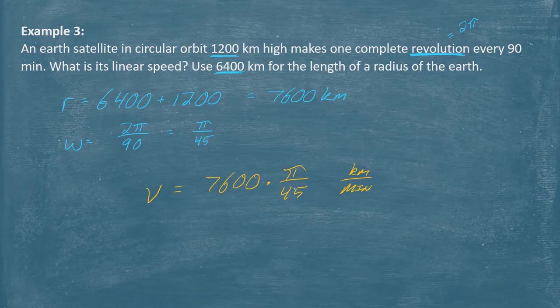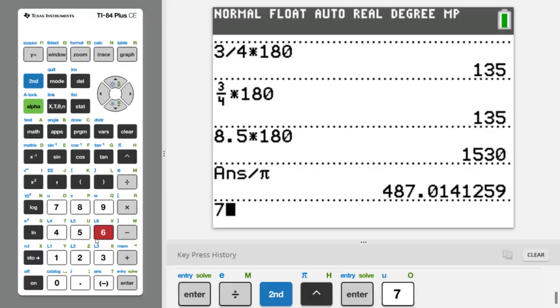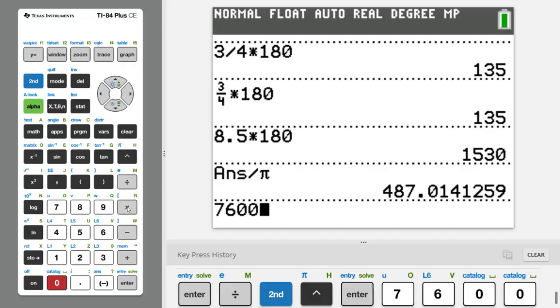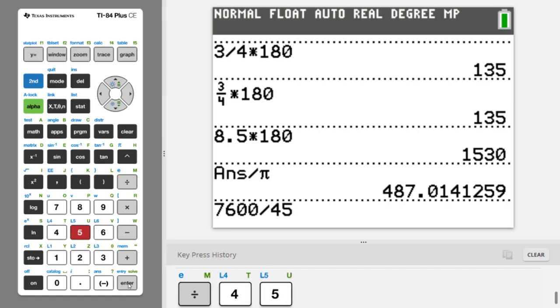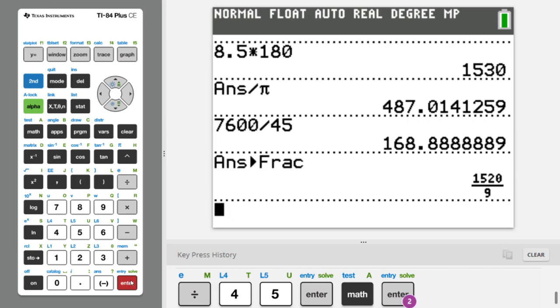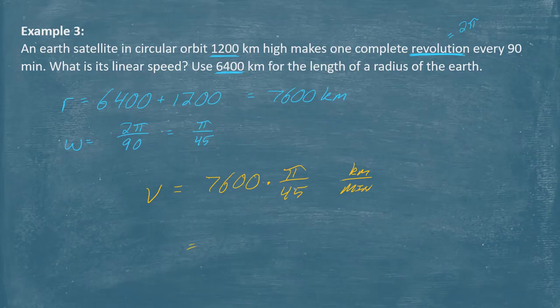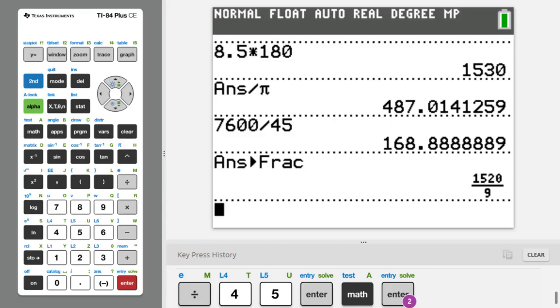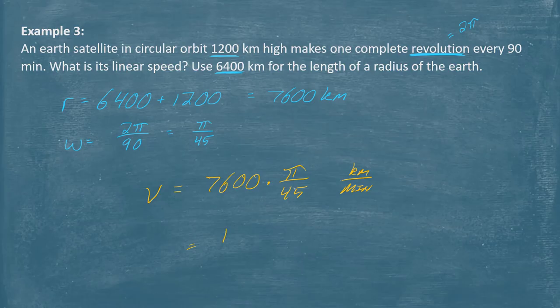So if we go ahead and see if that simplifies, 7,600 divided by 45, let's just see if that turns into a nice fraction. I could have used the fraction template, but 1520 over 9, and then that would be times pi. Hopefully I typed that in right. Yep, so 1520 over 9.